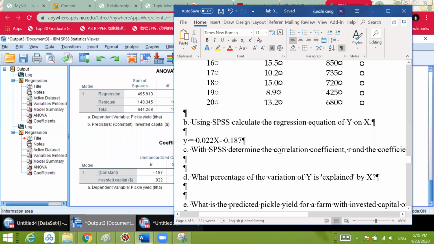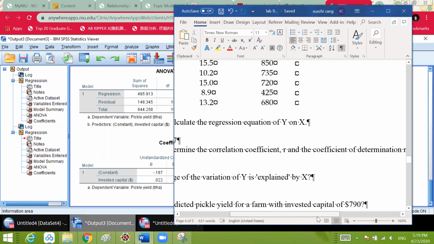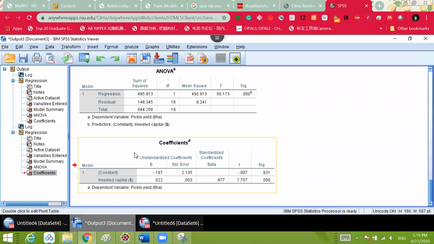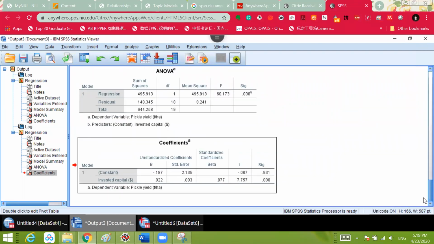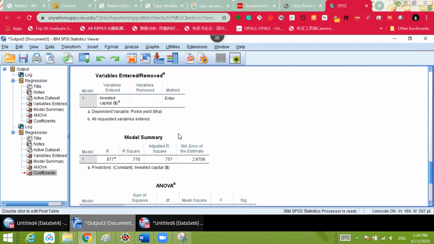And then the second one asks us to find the correlation coefficient and the coefficient of determination, r and r squared. We can find these two values in this table, Model Summary.